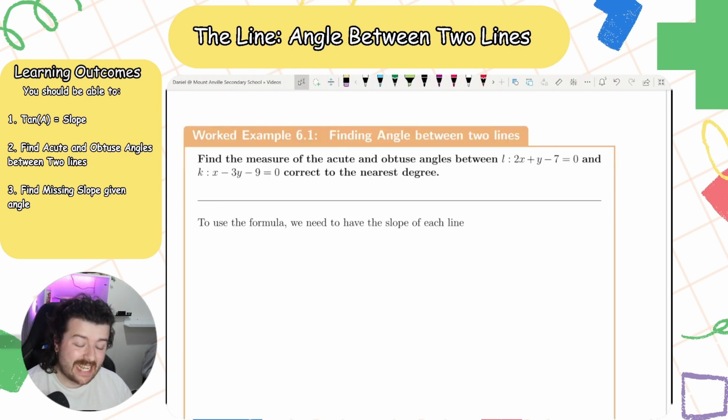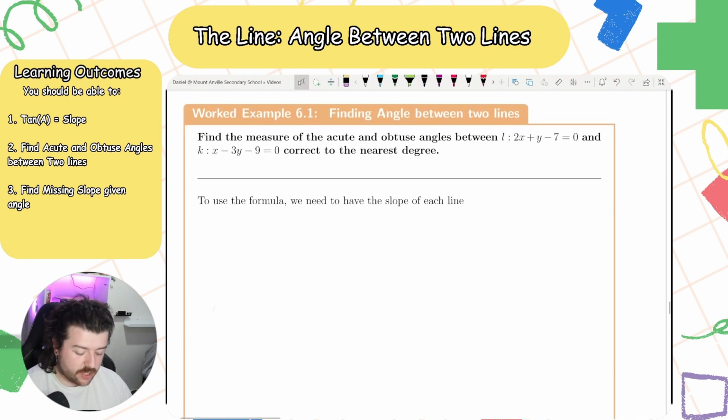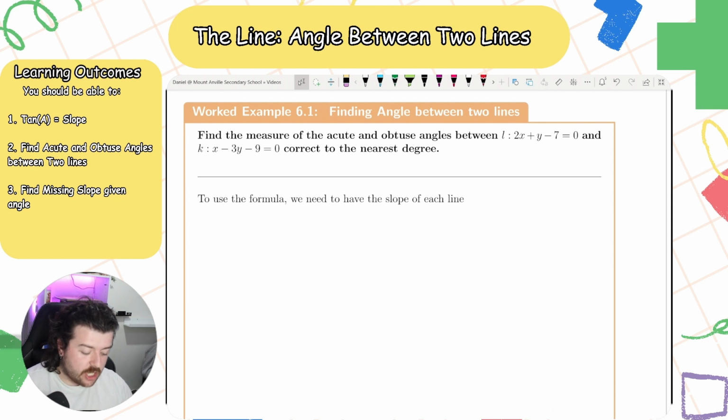So let's look at an example here. Find the measure of the acute angle and the obtuse angle between 2x plus y minus 7 equals 0, and x minus 3y minus 9 equals 0, correct to the nearest degree. Remember I said, even though my formula has plus or minus, it might just be easier to take the absolute value.